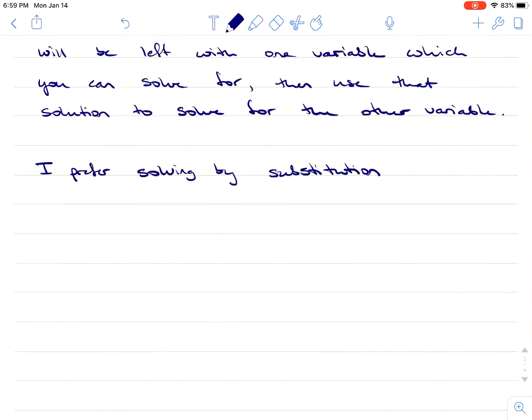That's the only method that I'll use, right? Of course, you're welcome to use elimination if you prefer.